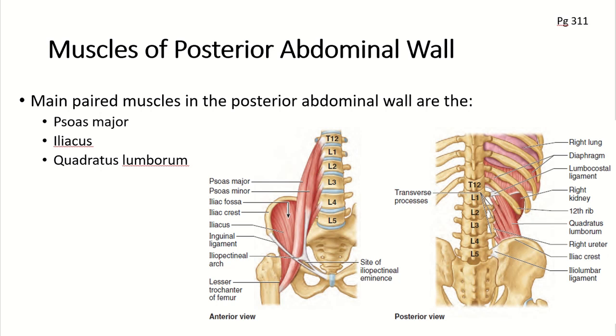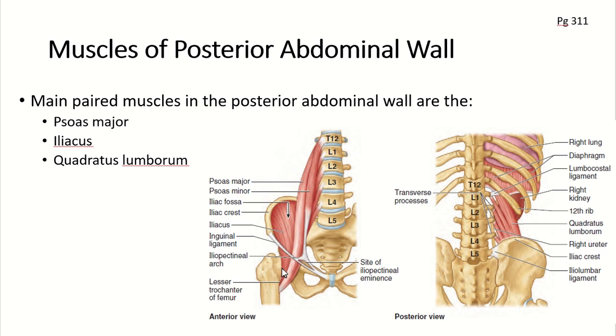Okay? The iliacus, on the other hand, which you see here, is a large triangular muscle that lies along the lateral side of the inferior part of the psoas major. Most of its fibers join the tendon of the psoas as it moves downwards here, and together the psoas and the iliacus form what's known as the iliopsoas, which is the chief flexor of the thigh.